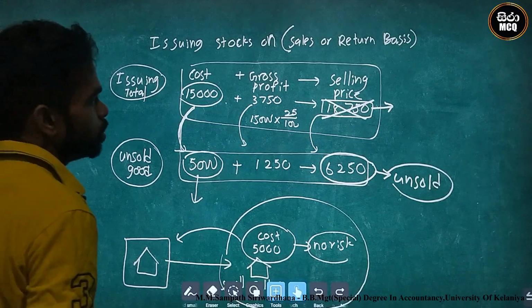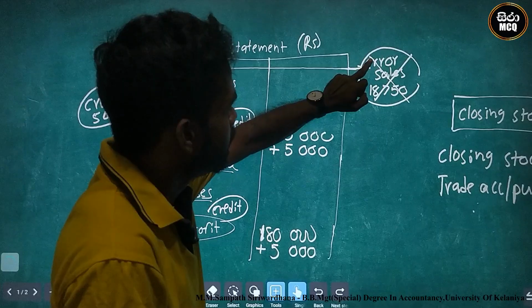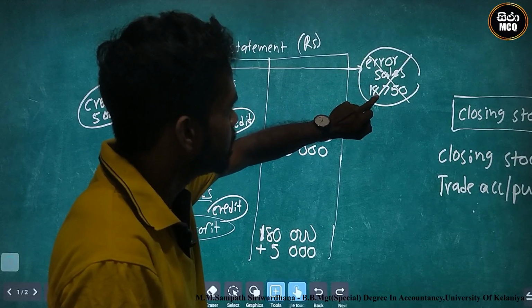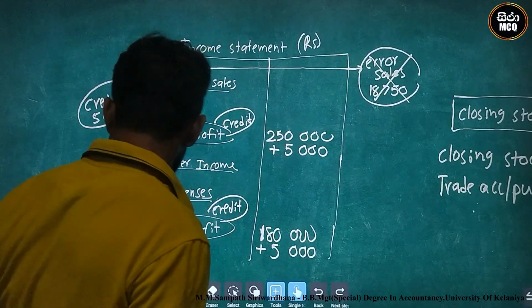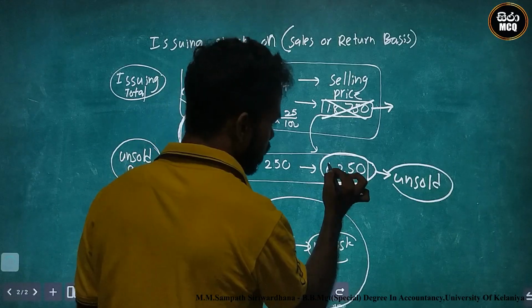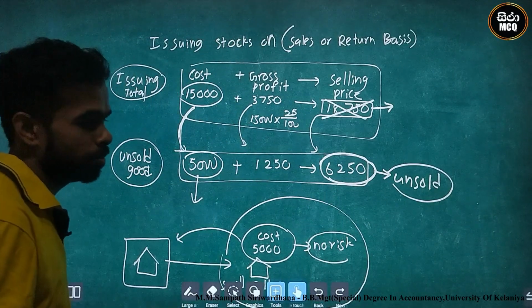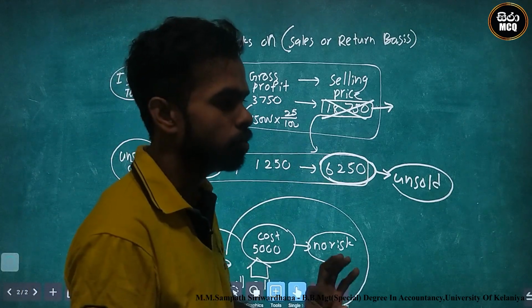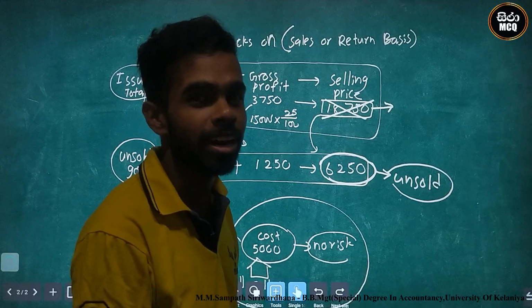Why? Look here. Erroneously, the sales were identified as 18,750, but there is no sale of unsold goods. The unsold sales price was 6,250. This is unsold goods. Therefore, you must eliminate this from where?